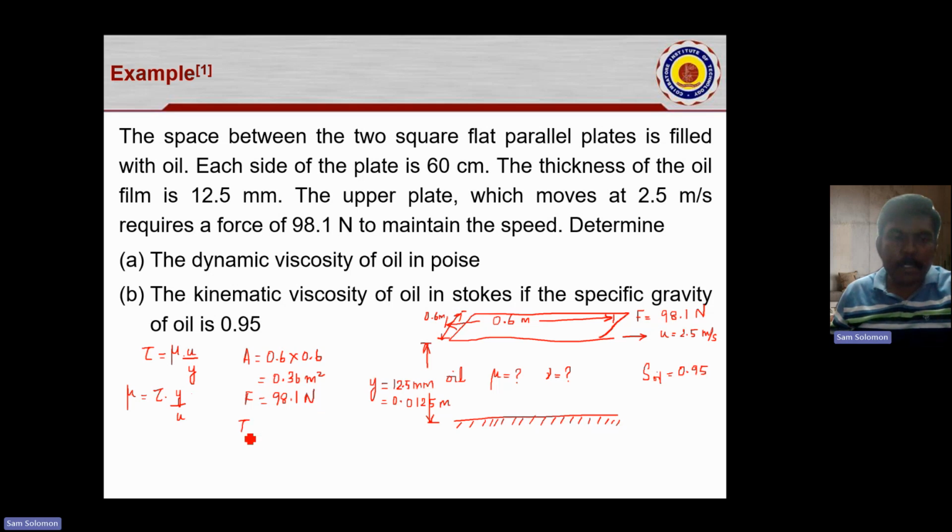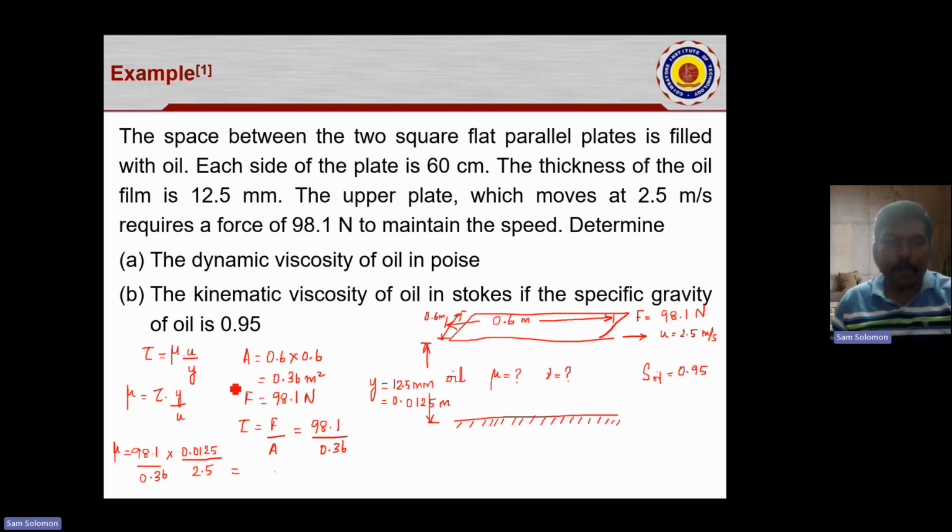So your tau is going to be F by A. So that is 98.1 divided by 0.36. So now if we substitute those values over here, tau is 98.1 divided by 0.36. The value of y is 0.0125. The value of u is 2.5.